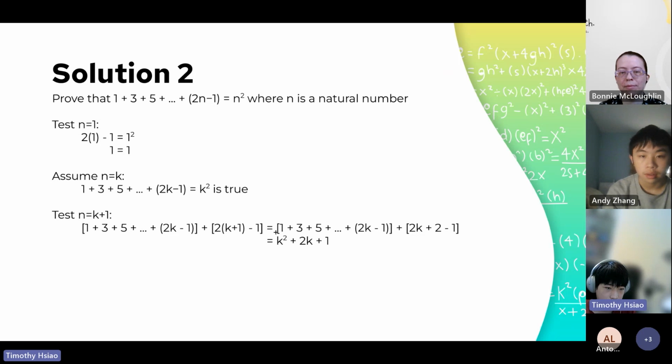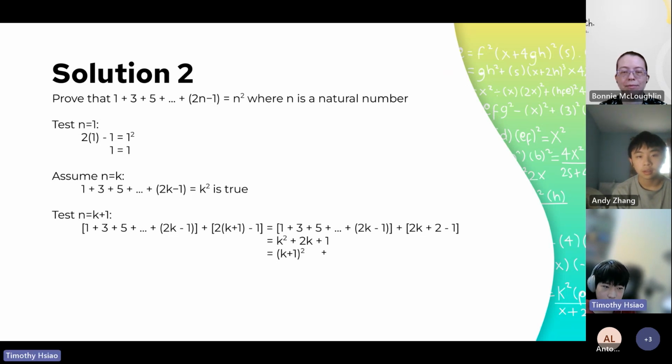And then we can take this entire section, which is 1 + 3 + 5 and so on, plus 2k - 1, which is the same thing as here, n equals k, and we can substitute that for k squared. And we can simplify the brackets. So it's 2k + 2 - 1, which is 2k + 1. So it will be k squared + 2k + 1.